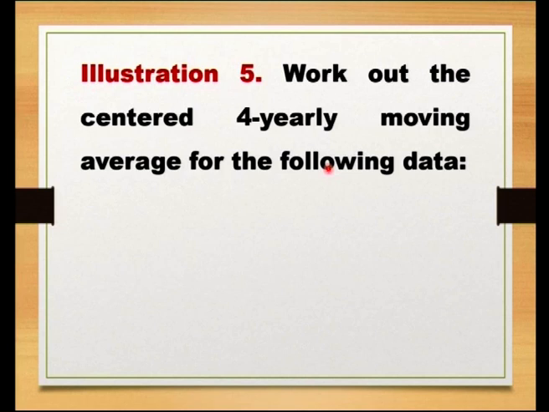Next, 5-yearly and 7-yearly, 5 and 7 are odd numbers. So writing the values against the mid value is easier, because when you calculate the first 5 values, the third value is the mid value. So, against the third, mid value, we can write the 5-yearly moving averages. Whereas, when you talk about 4-yearly moving averages, first of all we have to add the first 4 values, that is the first, second, third and fourth values.